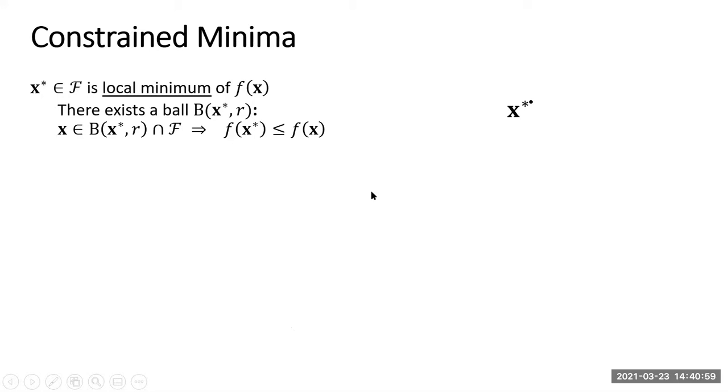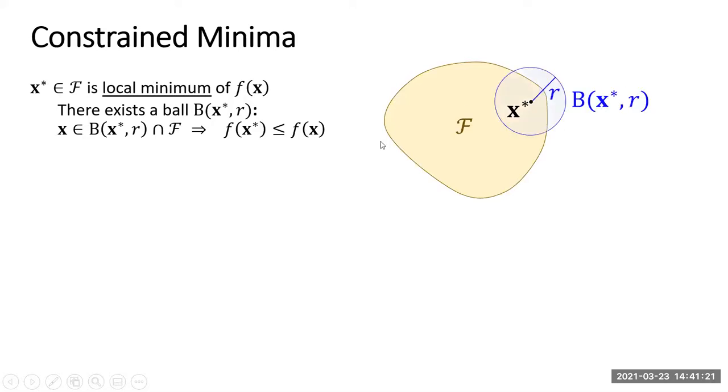Now, constrained minimum. Let's define a local minimum. x star belongs to F, so we have a point here that's in the feasible region, and it's a local minimum if there exists a ball of finite radius r centered around x star, such that for all x, take any x, belonging to the ball intersection feasible region.